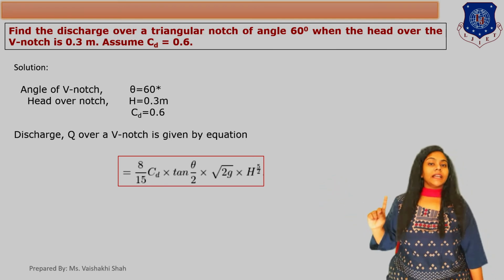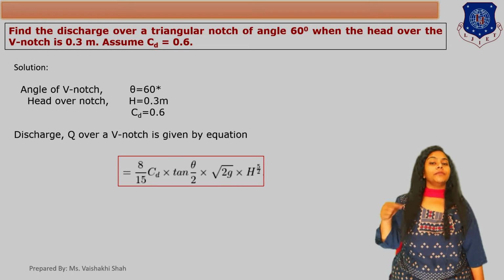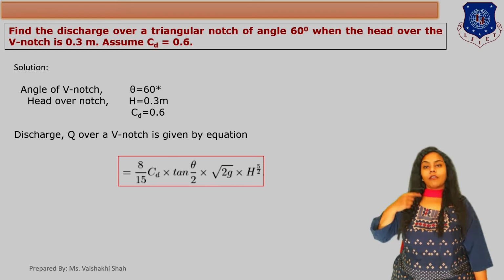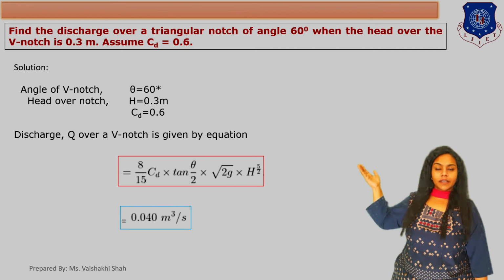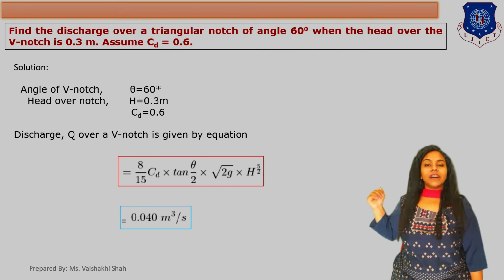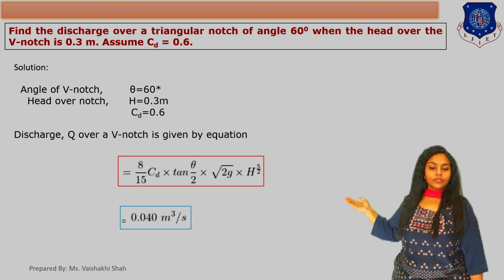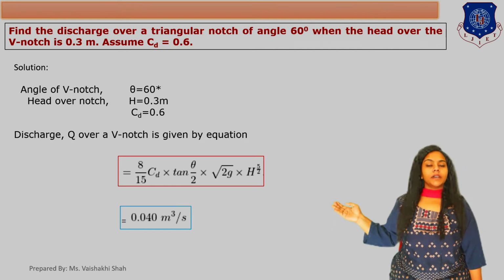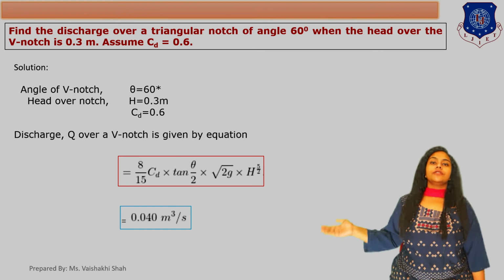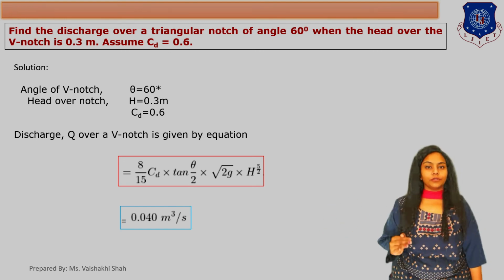Remember that here there is H raised to 5 by 2. Placing all these values in the equation, you get the final answer for discharge as 0.040 meter cube per second. So this is the discharge over a V notch.